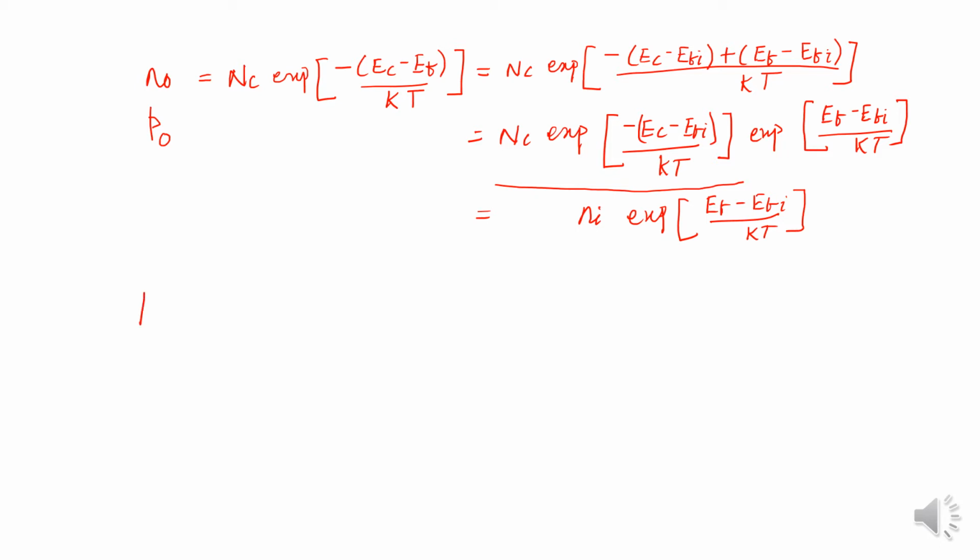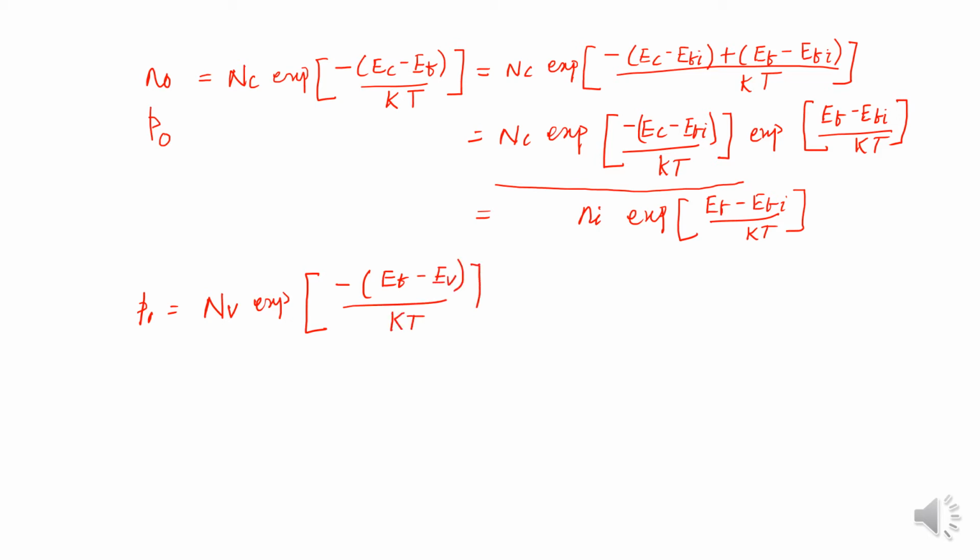The same way, we have already derived the thermal equilibrium concentration of holes, which can be written as Nv exponential of minus EF minus EV, the valence band energy, divided by KT.